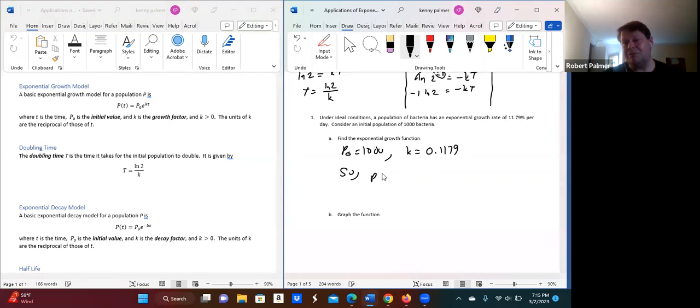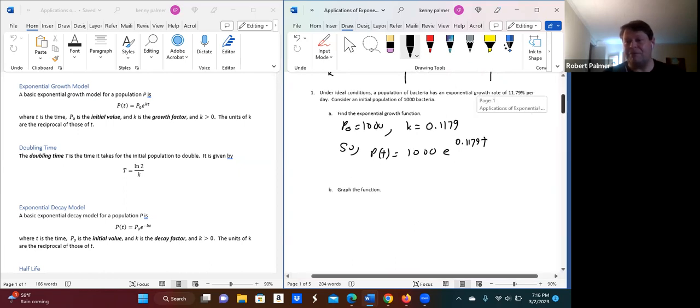So our function, P of t, is 1,000 times e to the 0.1179 t. That's our function. So this defines how quickly it will grow, once again, based on this initial amount and based on this growth factor.